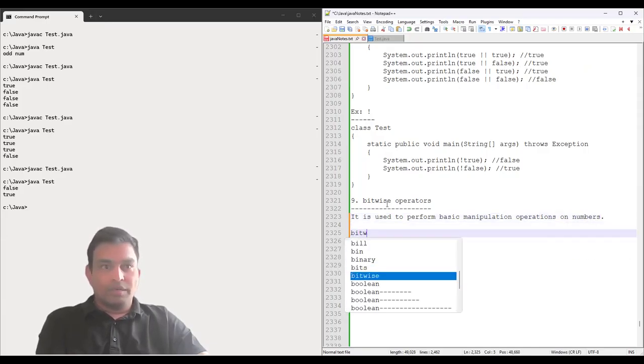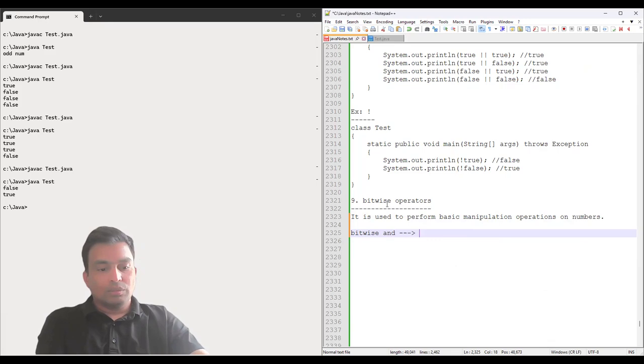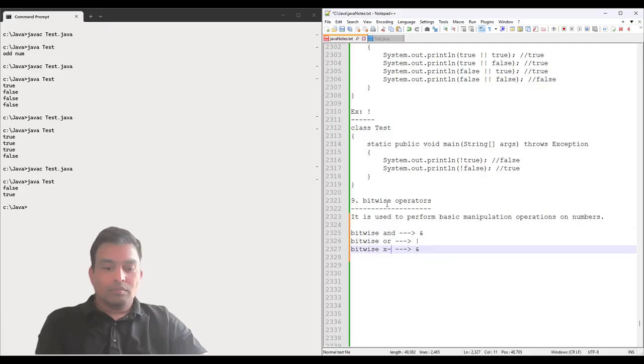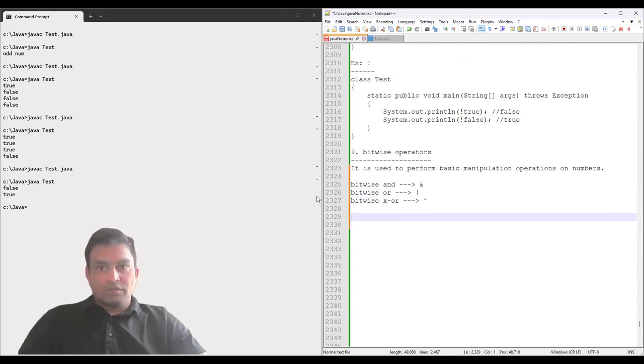The first operator is bitwise and, the symbol is single and. Next one is bitwise or, which is a single pipe, and next one is exclusive or, and the symbol is cap. So we will discuss what these are.